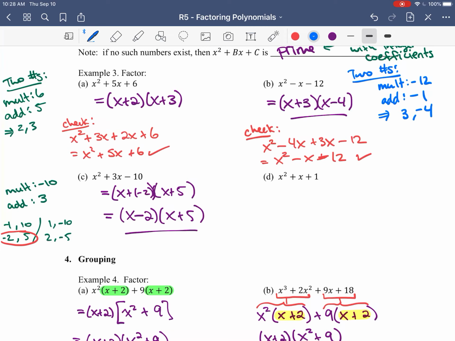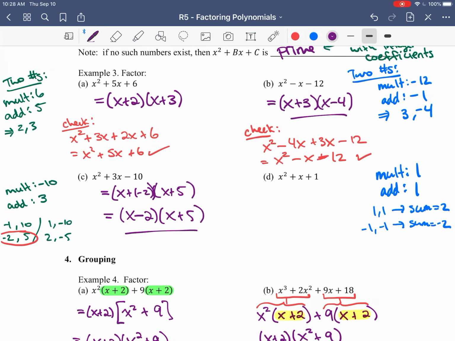Okay, let's try part D here. Okay, so we want to multiply to the constant term, which is 1. And we want to add to the coefficient in the middle, which is 1. So the only things that multiply to give me 1 are 1 and 1. Okay, but then they sum to 2, or negative 1 and negative 1, but then they sum to negative 2.